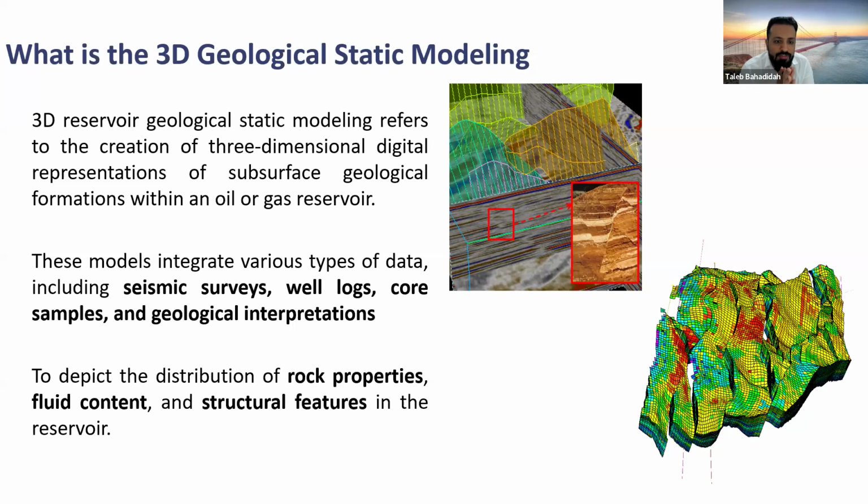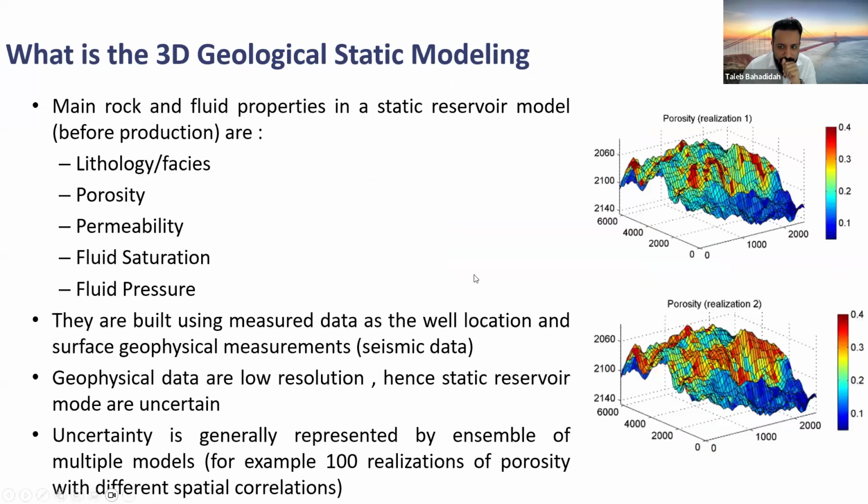The aim of this process is to depict the distribution of rock properties, fluid content, and structural features in the reservoir. The main rock and fluid properties in the static model are lithofacies or lithology and facies, porosity, permeability, fluid saturation, and sometimes fluid pressure.